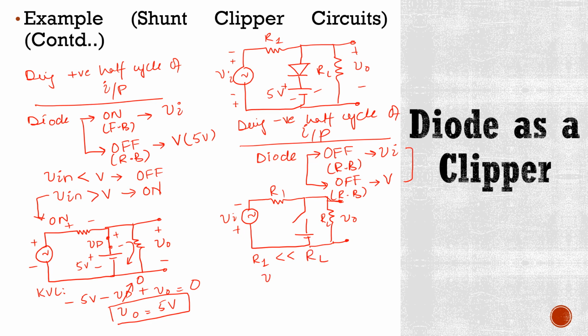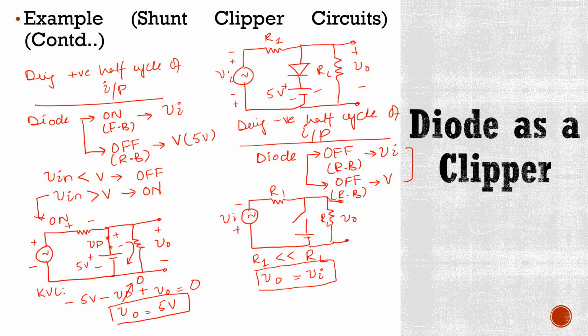So in this case, our output voltage is equal to input voltage during the negative half cycle of the input, when this diode is off.